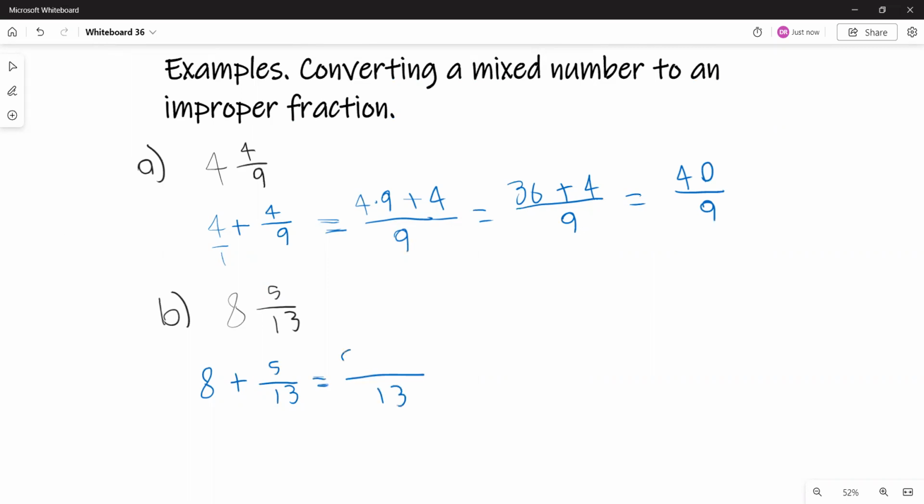And then 8 times 13 plus 5. 8 times 13 is 104. Plus 5 is 109. And 109 is not a multiple of 13, and 13 is a prime number, so we cannot simplify this further.